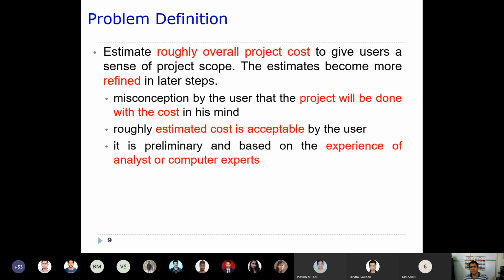This is a very roughly estimated cost, but it should be acceptable to the user. Then only will we be able to move ahead to the next level. It is preliminary and based on the experience of the analyst or computer expert. This sort of cost estimation is done based on the experience of the analyst or the computer experts.